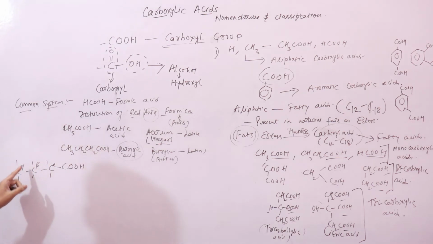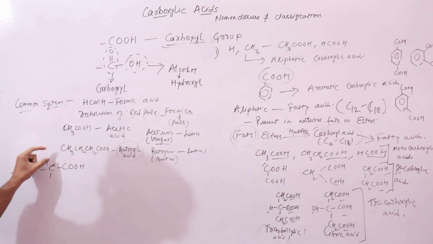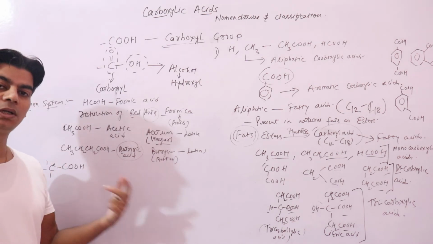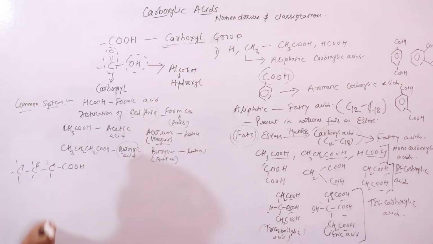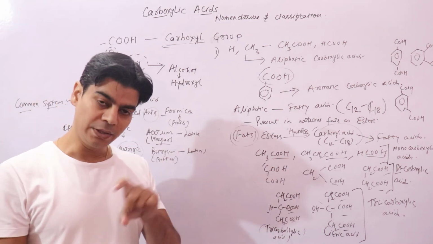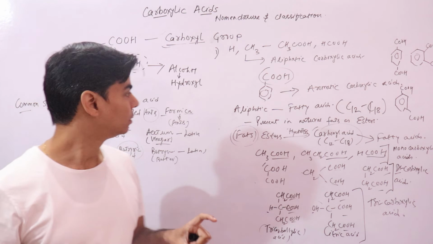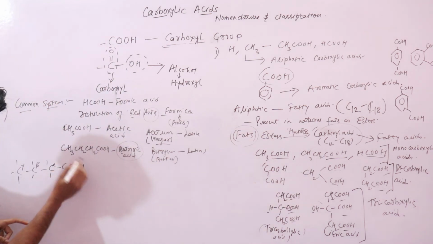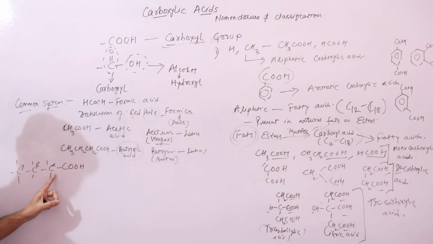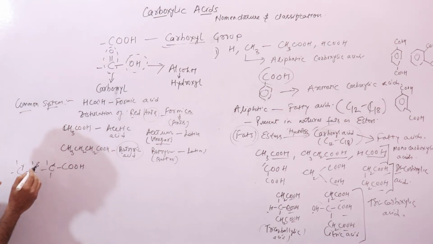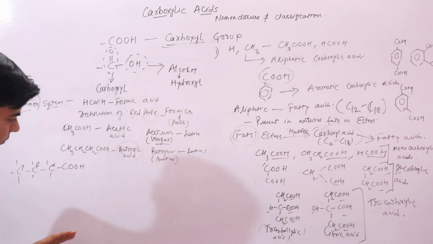That is, the carbon next to the carboxylic carbon is alpha, then beta, gamma, in the common system. This is your carboxylic group.